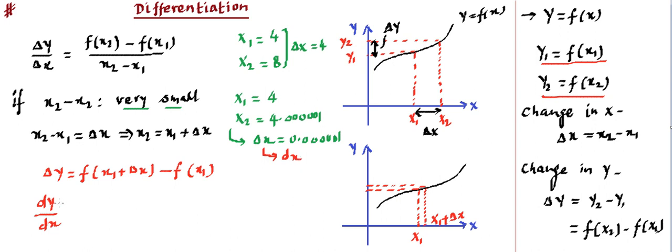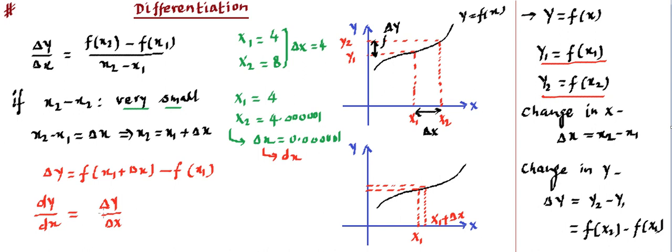Makes sense? And this delta y is again becoming small, so if we are writing dy upon dx, it's trying to say when we make the change in x very small, then we want to know what the change in y is going to be. So that's called the differentiation expression, and if we write dy upon dx, its meaning is basically delta y upon delta x, but keeping delta x as small as possible.